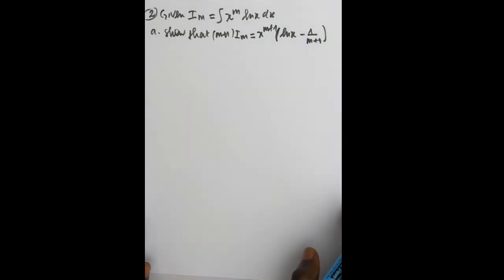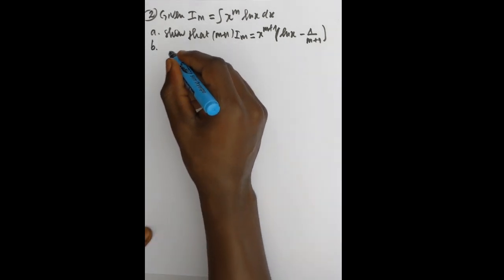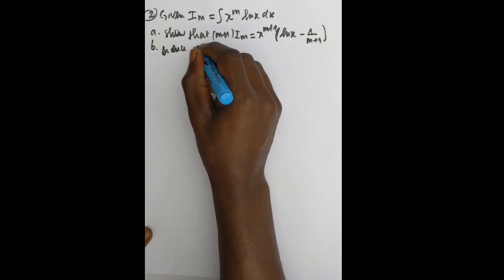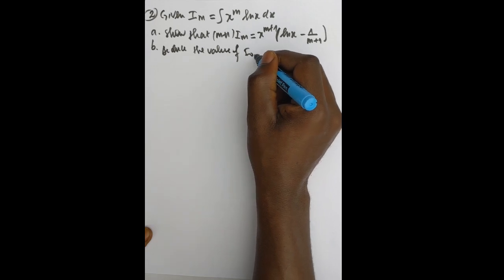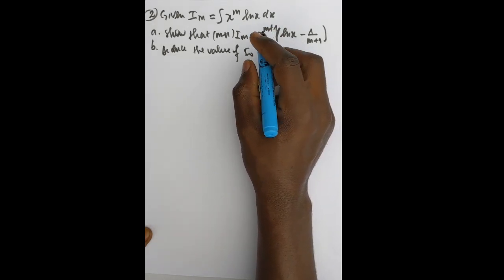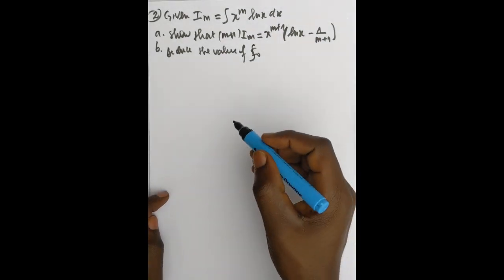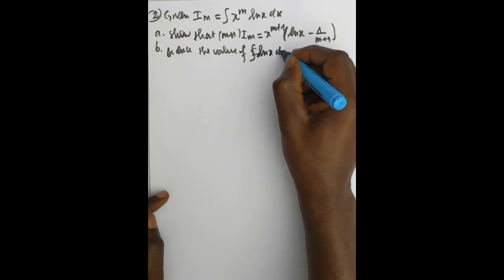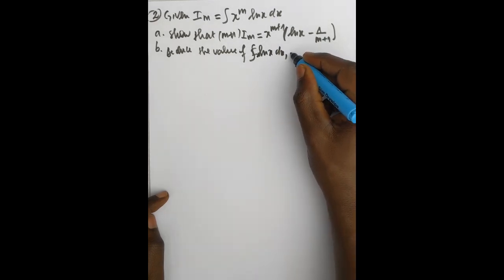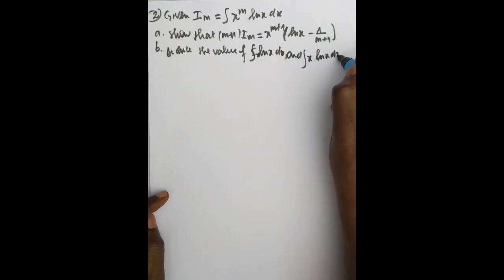So number B, we have to deduce the value of E0, the value of integration of ln x dx, and integration of x ln x dx.